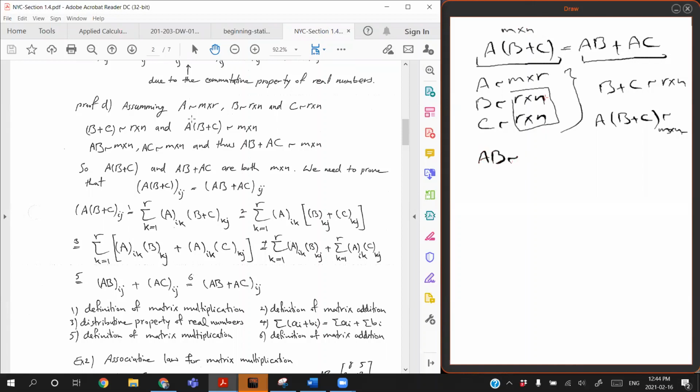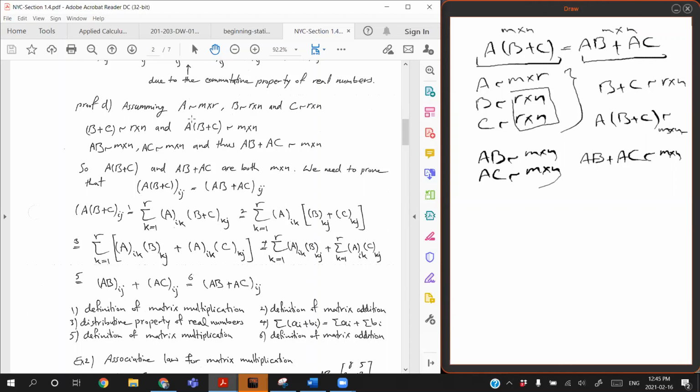AB would be M by N. AC would also be defined, and it would be M by N. So AB plus AC would also be M by N. So we prove that the right side is also M by N.